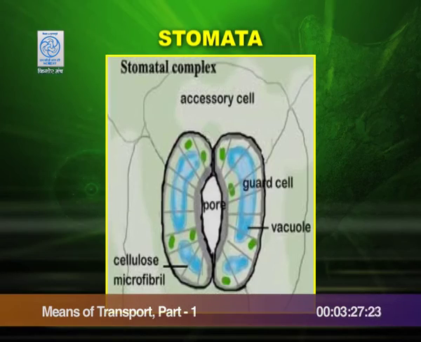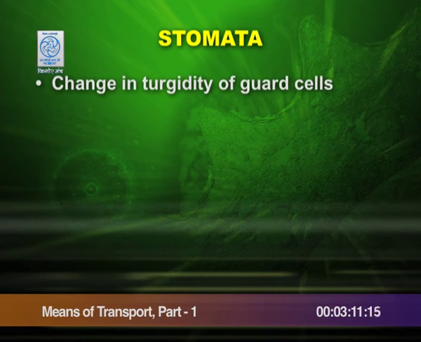In the stomata, you can see the two guard cells. Look into the picture and we see the microfibrils which help in the opening and closing of stomata. The opening and closing of stomata is due to change in turgidity of guard cells.